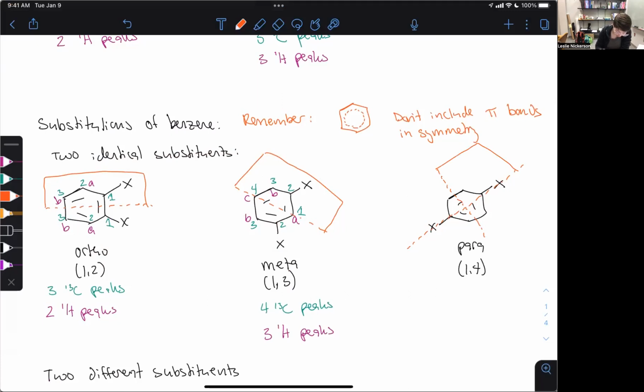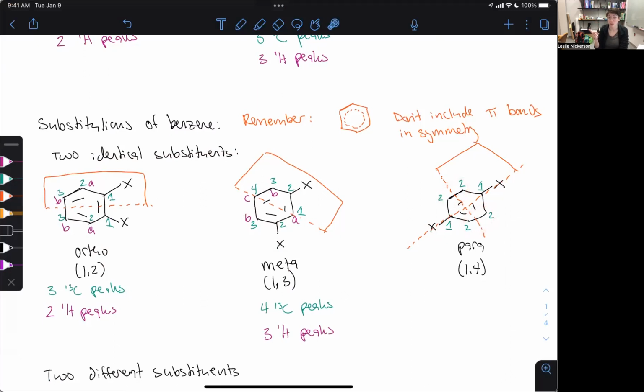In this case, if I'm just looking at this one little section, for my carbons I'm going to have one carbon that's on the X, and then a second carbon, and that's going to be 2, 1, 2, 2, and then 1. So you can see from there that I have 4 carbons in total that make up that one environment.